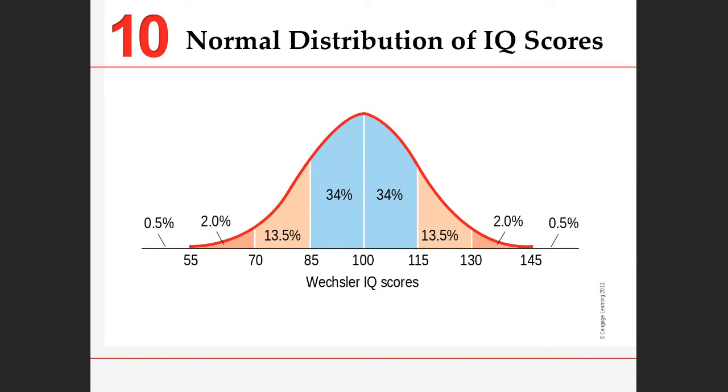That's where most people would fall, and only a few people would fall over here, which is lower than 70, in the intellectually disabled category, and then only a few would be considered in the gifted range.